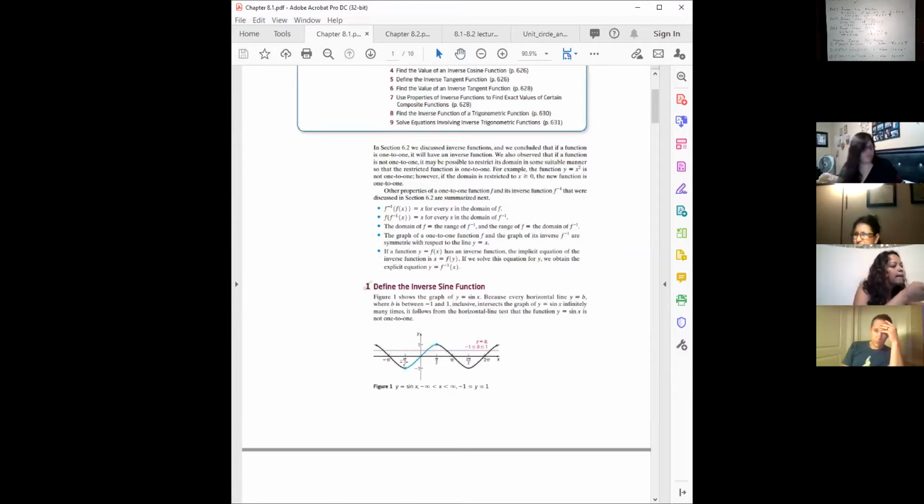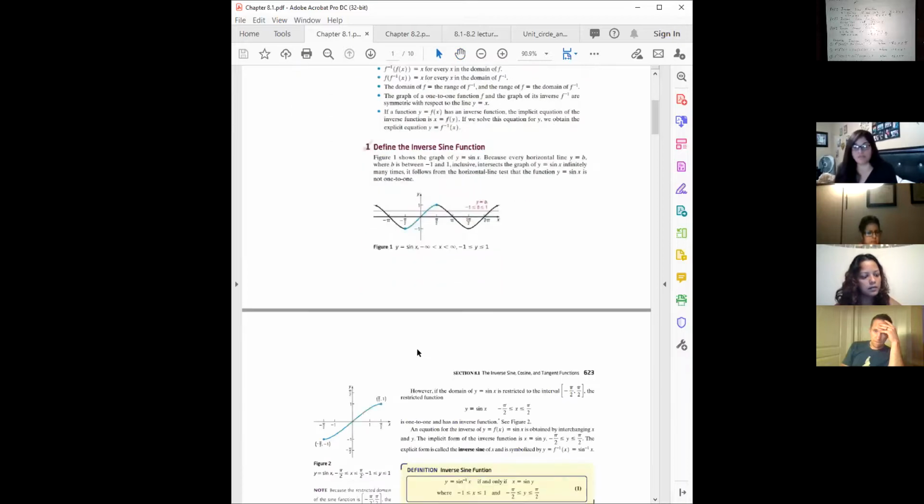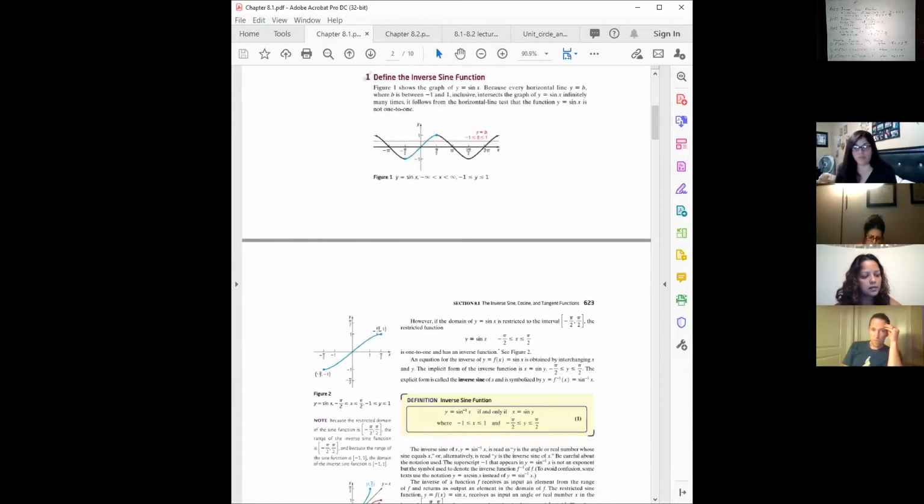So the domain will be negative pi over 2 to pi over 2. The range will be negative 1 to 1, but the inverse will be the opposite. Okay, so here is the inverse. So the inverse function of sine, you see how the x's and y's are swapped?